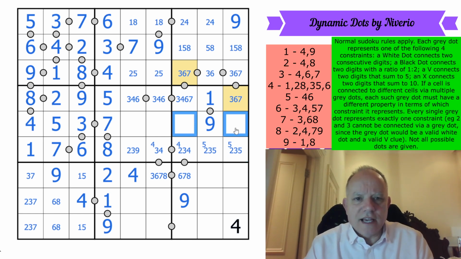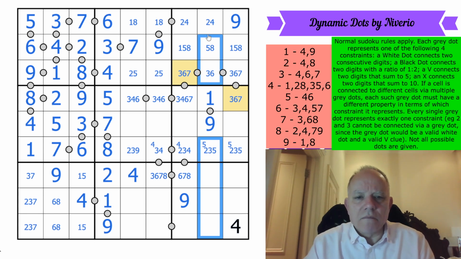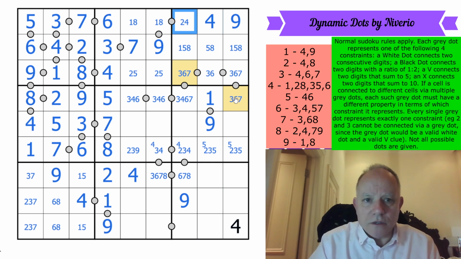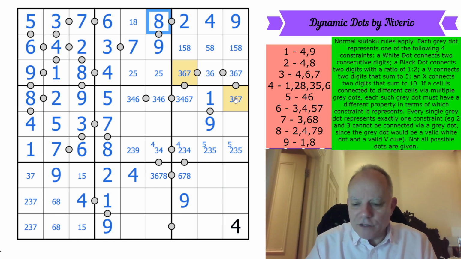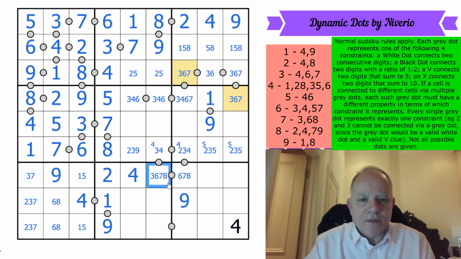We've always needed that. That's not very exciting. We need a 4 in this column, and there's now only one place for it, up there. That's good. Right, 2 there. This can't be 1 by the double rule, because that would be 2 different connected dots between 2 and 1. So 8 there. This is not 8.